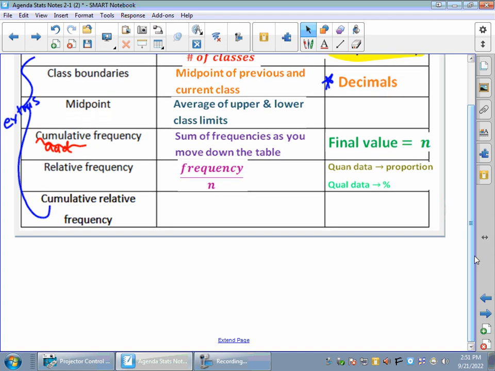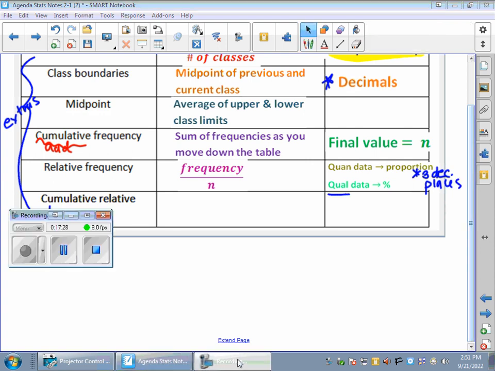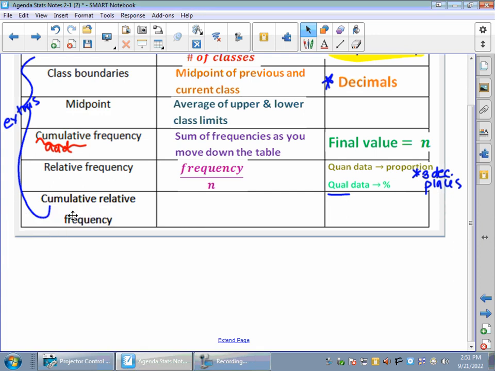When we're dealing with quantitative data, quantities, we typically just leave it as a proportion, 3 decimal places. If we're dealing with qualitative data, like blood types, we typically go to a percentage. So just a little thing for you there.